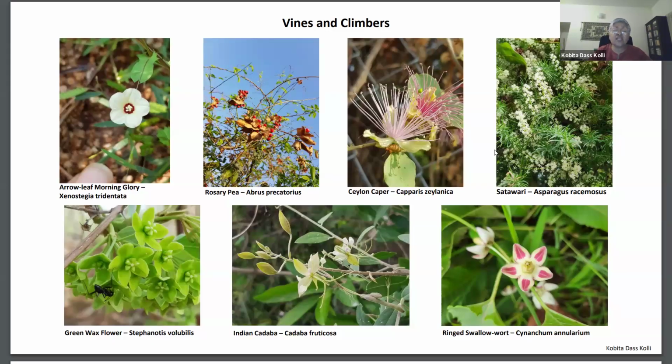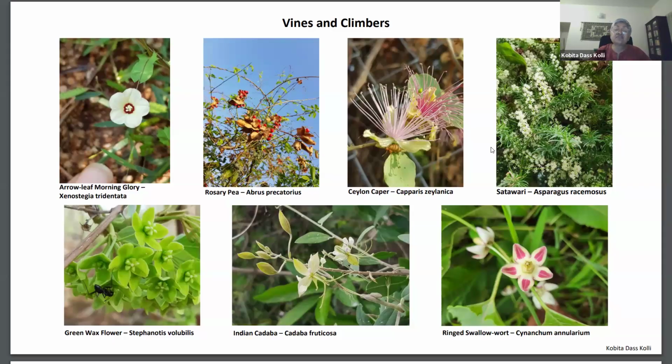For example, this arrow leaf morning glory, right on the left top corner, will emerge only when there is sufficient moisture, and it takes a little while to grow and then flower, but within a month they emerge during the monsoons. But in the dry season, you may or may not see them. If there is some area which is moist for some reason, where there is water flowing, perhaps in that area you may find this plant still alive.